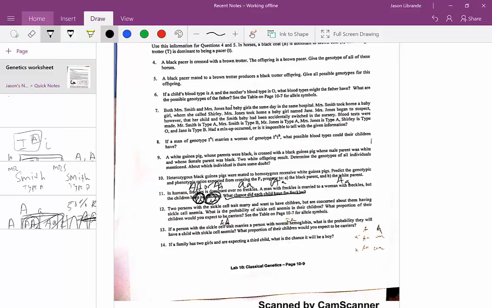So we're just going to do the cross there. So really there was only a 25% chance of having no freckles. So each time they have a child, there's a 25% chance that that child is going to have no freckles.